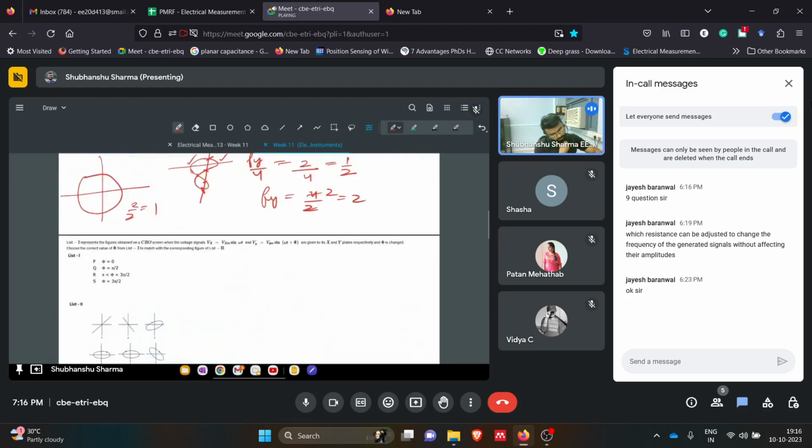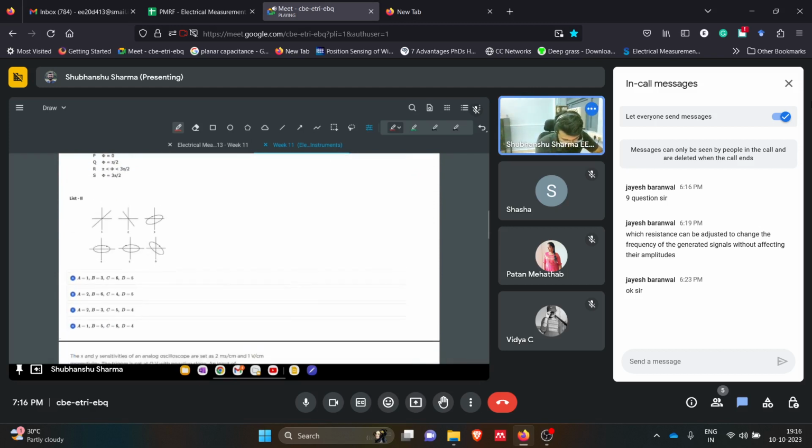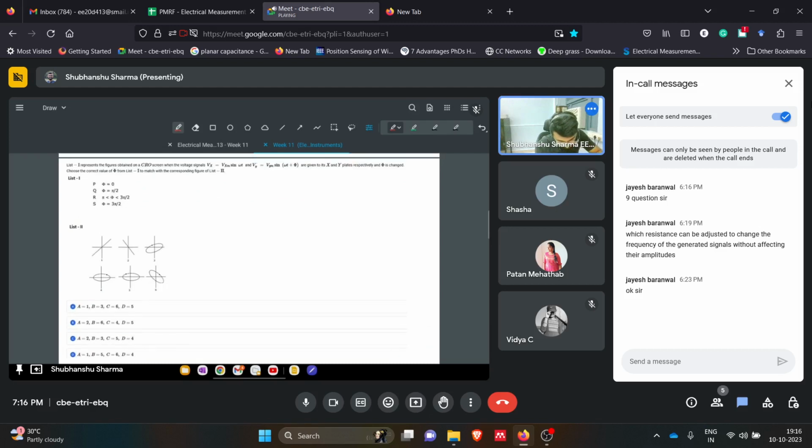So yeah, you can read this. I think it's clear, but it's a little small, so I will read it for you. List one represents the figures obtained on the CRO screen when the voltage signal Vx equals Vx sin omega t, and Vy is Vy sin(omega t plus phi). So there is a phase angle difference of phi.